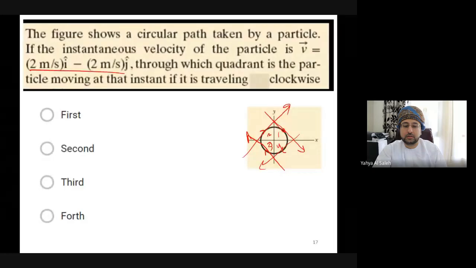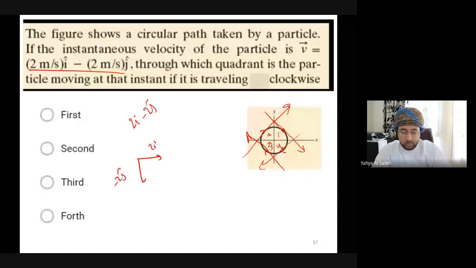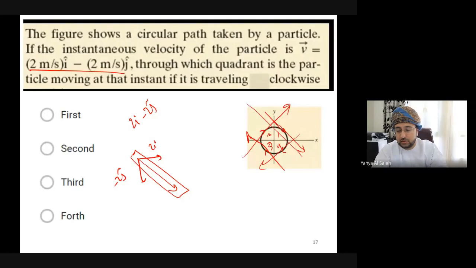Since we have 2i minus 2j, this is 2i, this is minus 2j, my resultant is going to be somewhere in this direction. The only one of these 4 tangents that looks exactly like this is this one. That corresponds to the first quadrant.